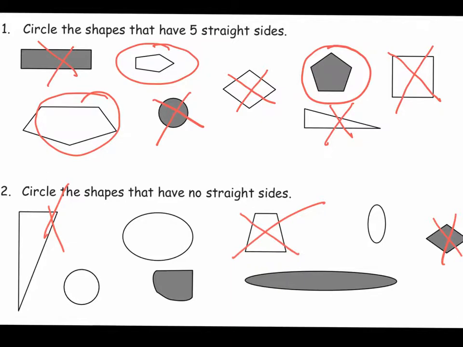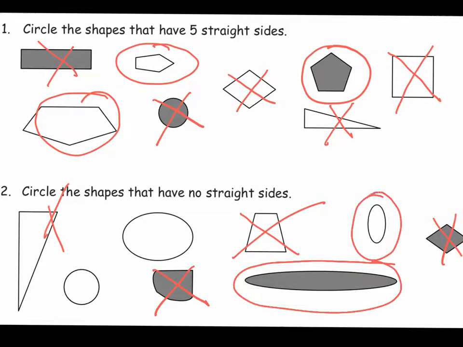And also this figure down here, this does have straight sides, even though this side is curved. So we're going to cross that out. But we can circle this oval, and this oval, and this circle. They do not have straight sides.